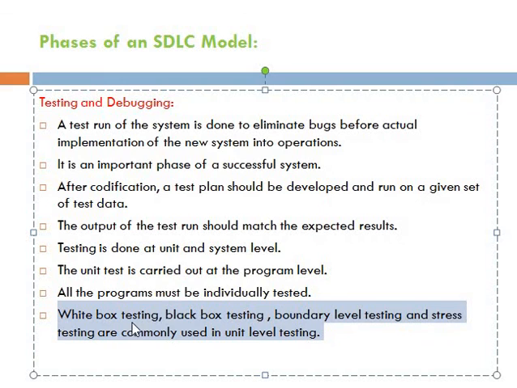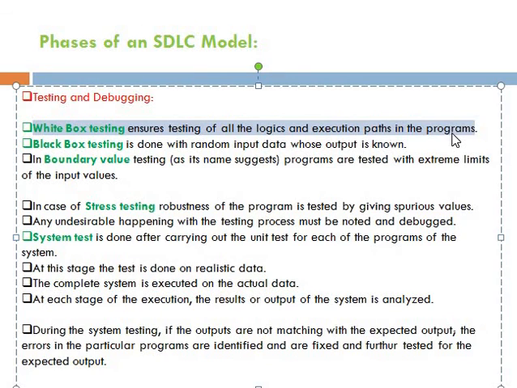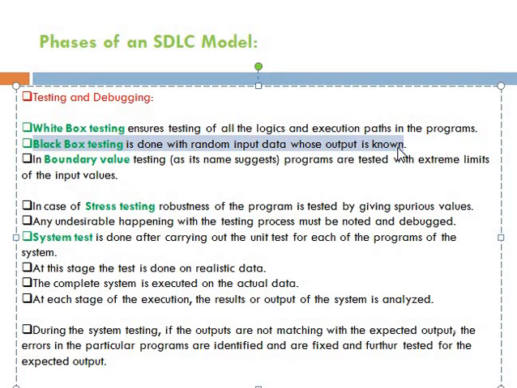Testing such as the white box testing, black box testing, the boundary level testing and the stress testing are commonly used in unit level testing. The white box testing ensures testing of all the logics and execution parts in the programs. The black box testing is done with random input data whose output is known.